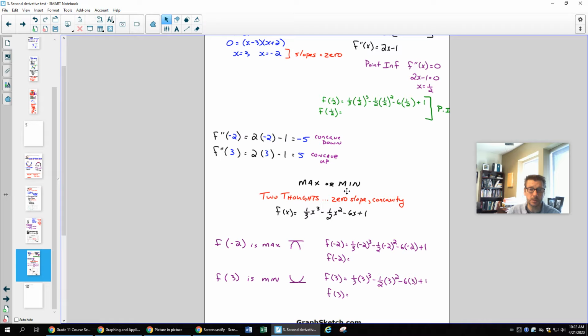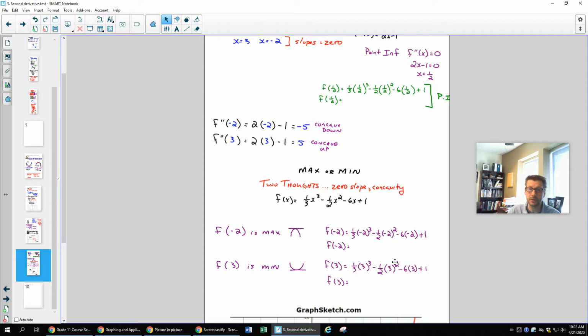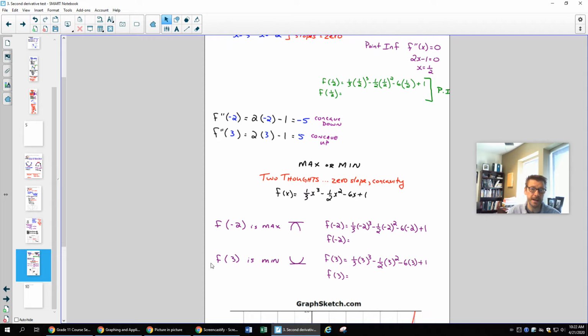So then my two thoughts are at -2, I have a zero slope and I'm concave down. So at -2, I'm zero slope and I'm concave down. That has to be a maximum. So again, I go back to my function and I plug in -2. I can figure out the maximum value. f of 3 is going to be a minimum.